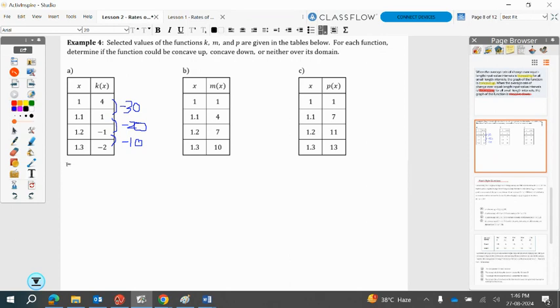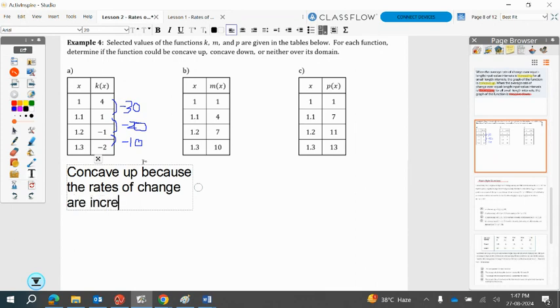So this one is concave up because the rates of change are increasing.